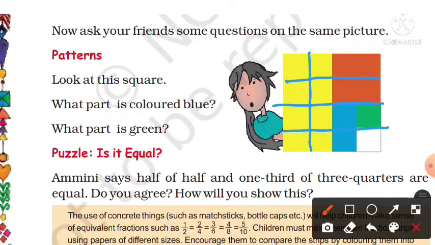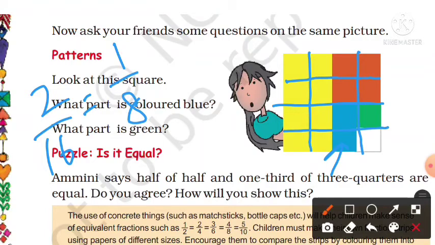From this figure you can say that out of 16 squares, 2 squares are colored blue. So the part will be 2/16, that means 1/8. If we divide denominator and numerator by 2 we get 1 by 8. So you can say that 1 by 8 part is colored blue.